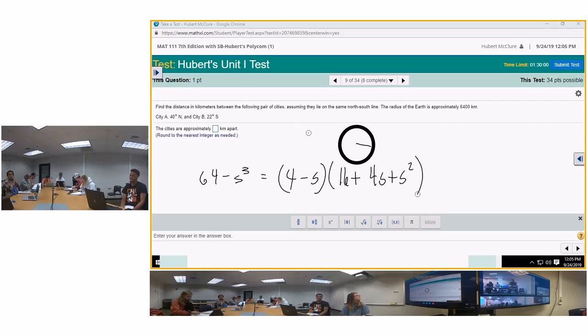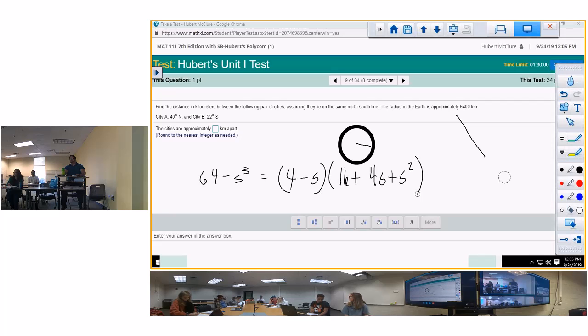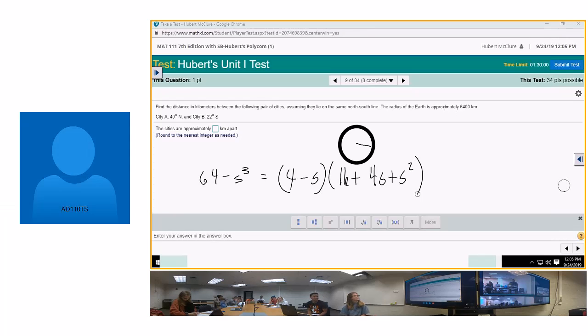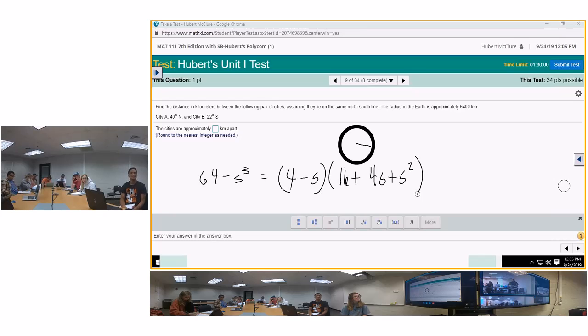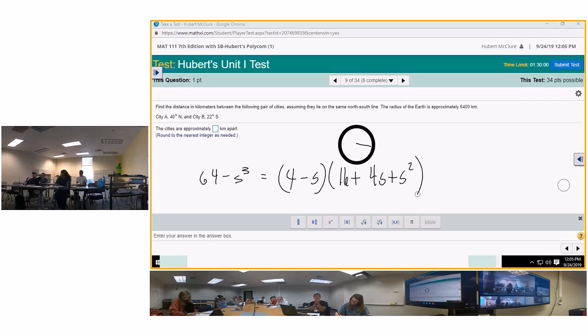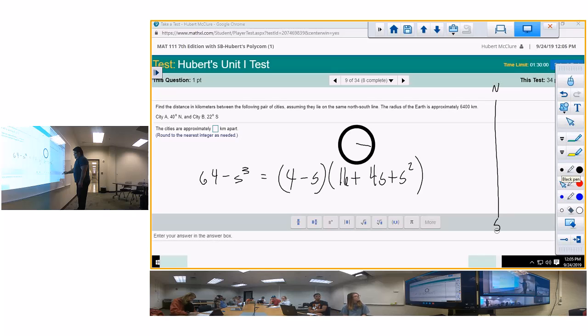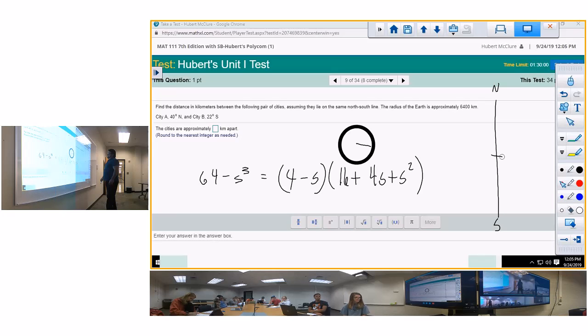This is saying city A. Oh, no, I can't draw with my mouse. You can forget it. So, city A, I don't like the way this question is worded. City A is, and all of these are on the north-south line. I'm going to put a little thing right there for the origin.